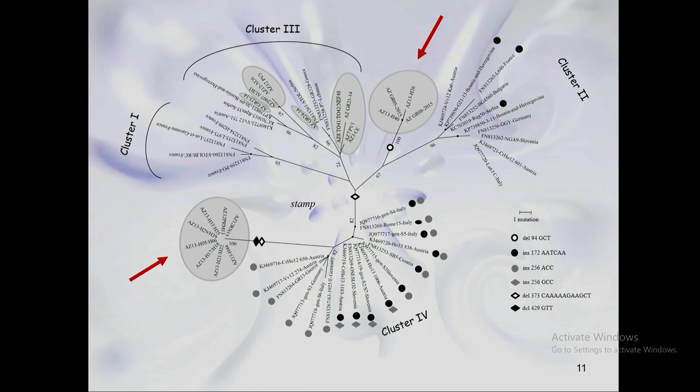And we can see that the stamp gene was the most variable in Azerbaijan, and the insect vectors were grouped in two clusters, different from each other.